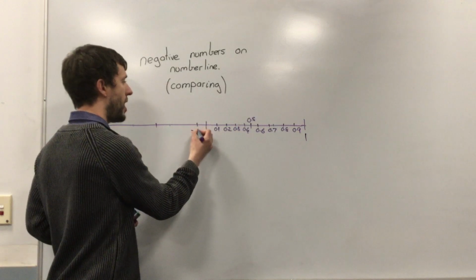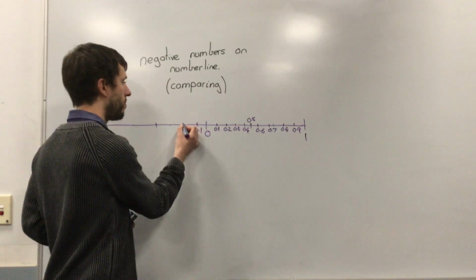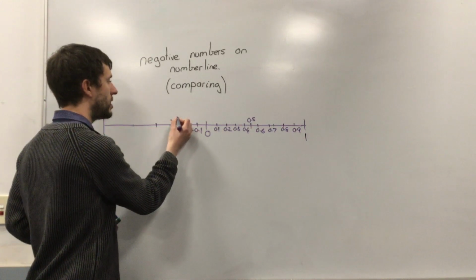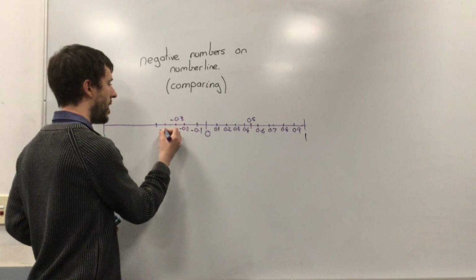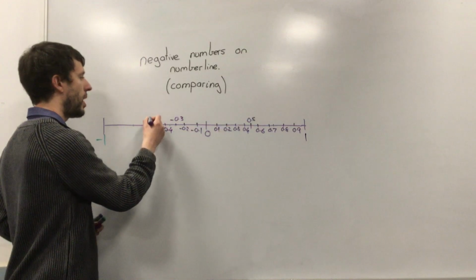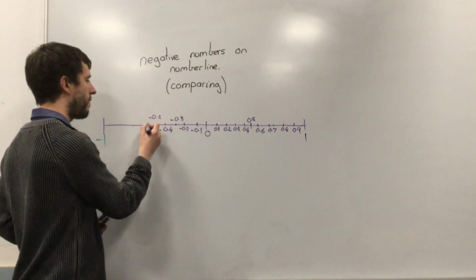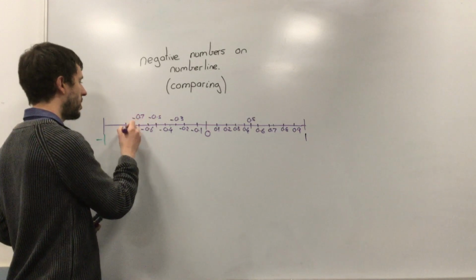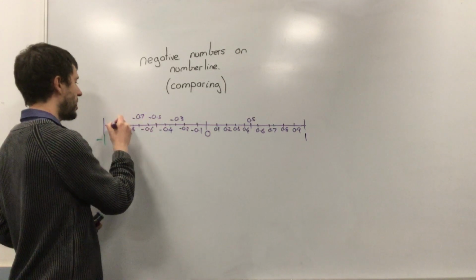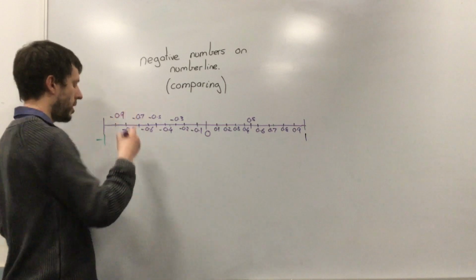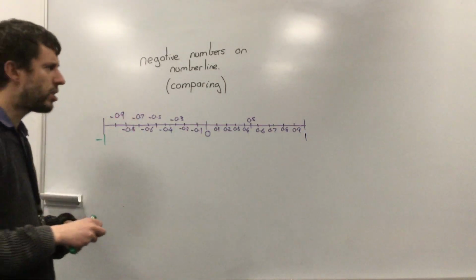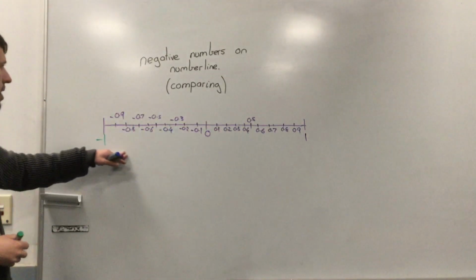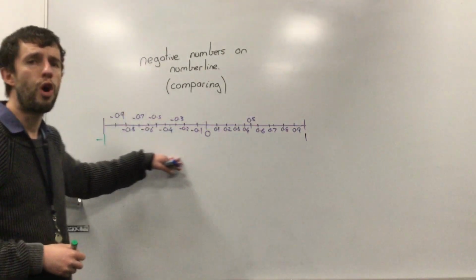So we've got negative 0.1, negative 0.2, negative 0.3, negative 0.4, negative 0.5, negative 0.6, negative 0.7, negative 0.8, negative 0.9. So for us to compare fractions, we need to convert everything into a decimal and work out where they fit in.